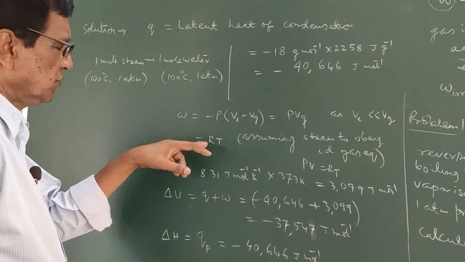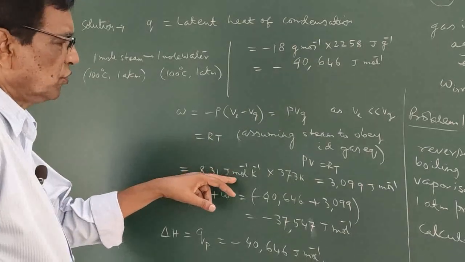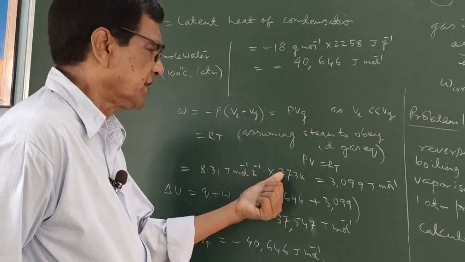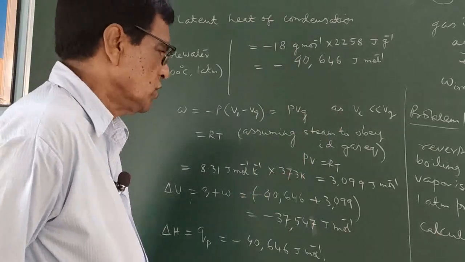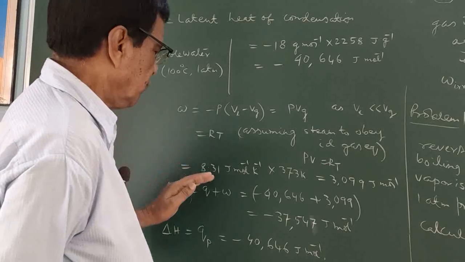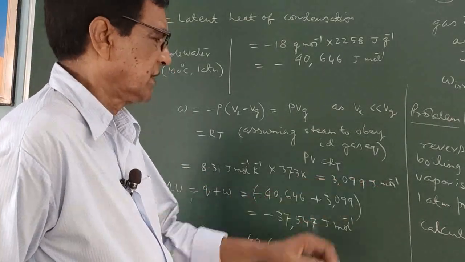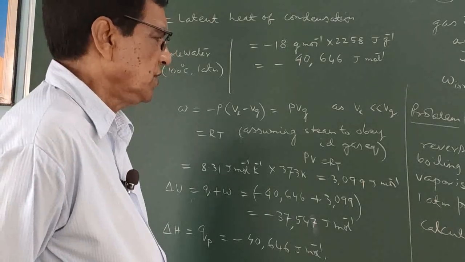So putting these values, R equal to 8.31 joule mole inverse Kelvin inverse, and the temperature is 100 degrees centigrade, means 373 Kelvin. So the amount of work done on the system is 3099 joule mole inverse.